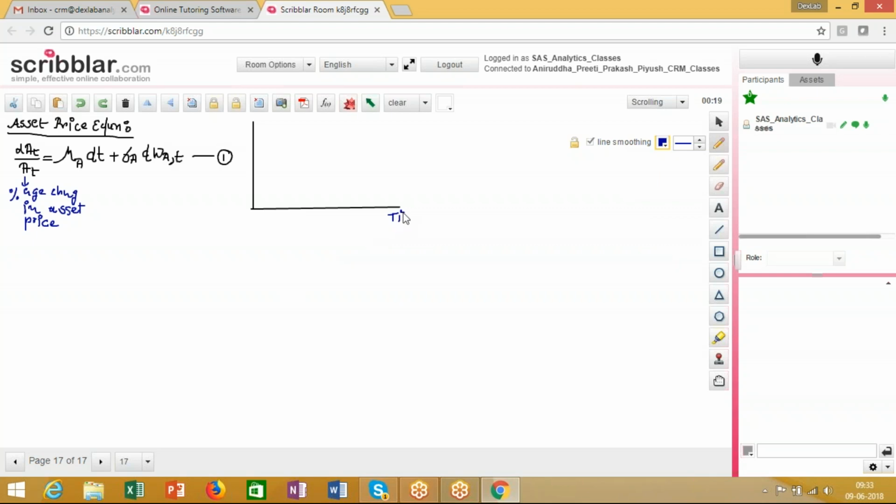What we want to know is how the asset price path changes over time. Over here is your asset price at time zero.